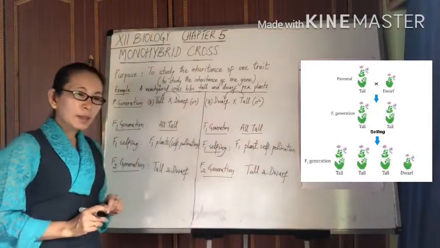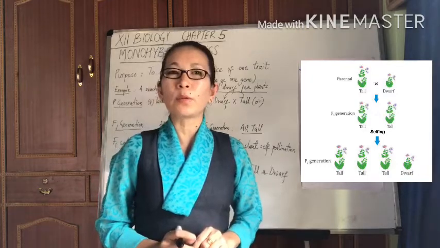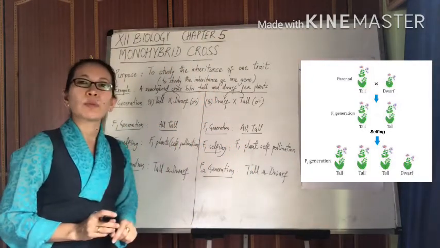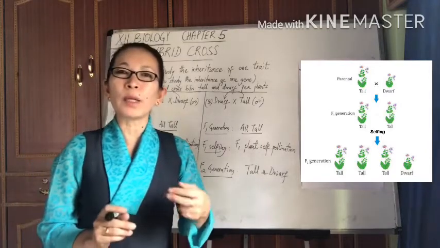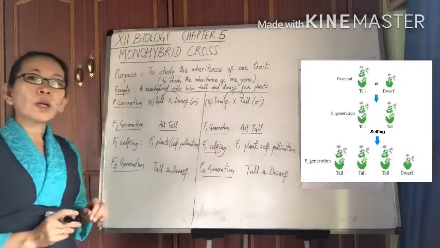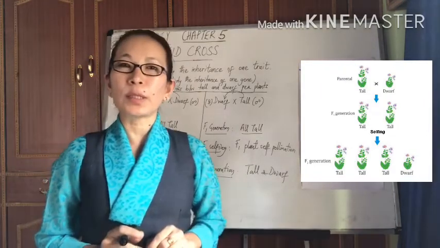And as I said in my previous lesson, what is unique to Mendel's experimental work is not only did he observe the phenotypes of the progeny of each of the successive generations, but he also counted each and every plant with a particular trait.